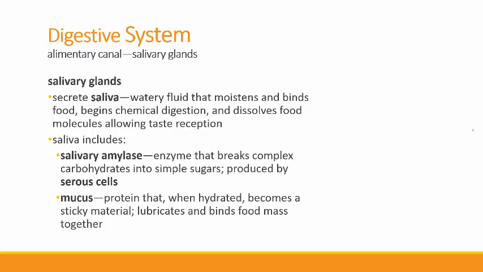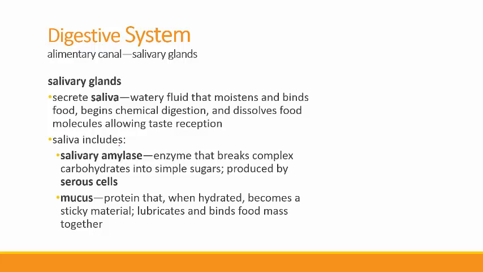And so we produce simple sugars from carbohydrates using salivary amylase. And it's the serous cells that are part of the salivary glands that produce the salivary amylase.